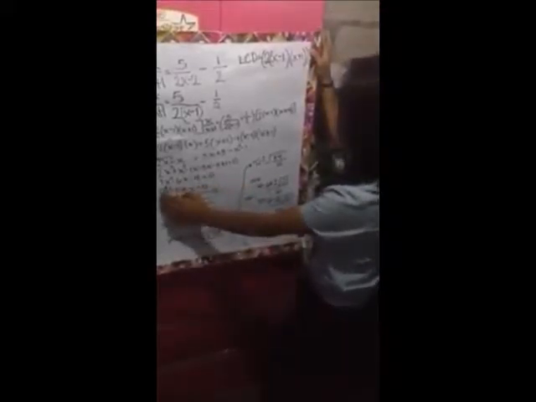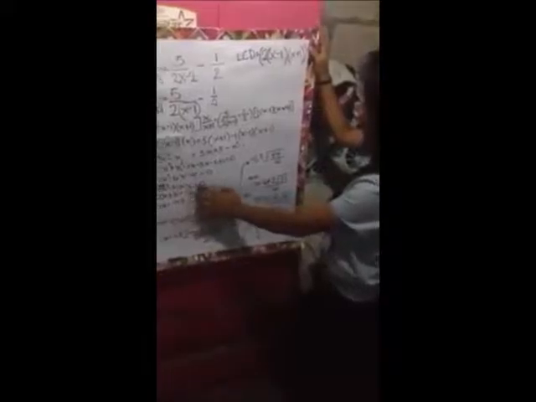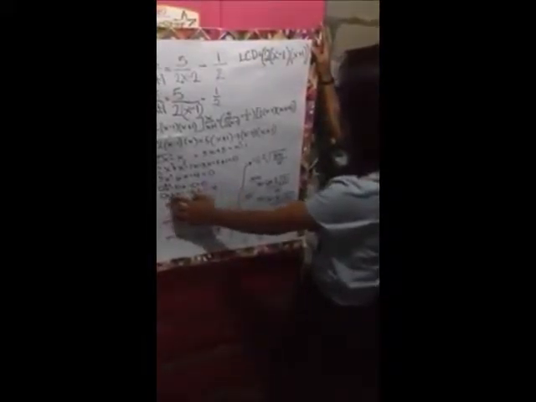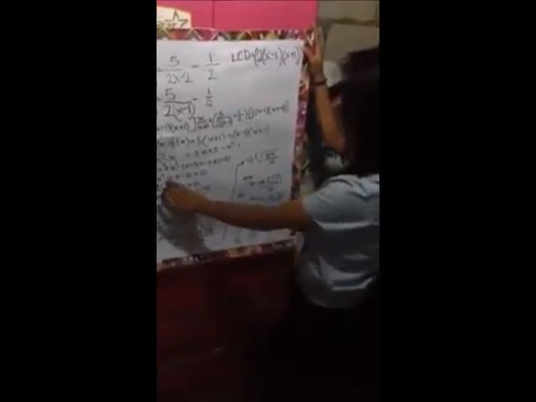The formula is ax squared minus bx minus c is equal to 0. A is 3, b is negative 6, c is negative 4.